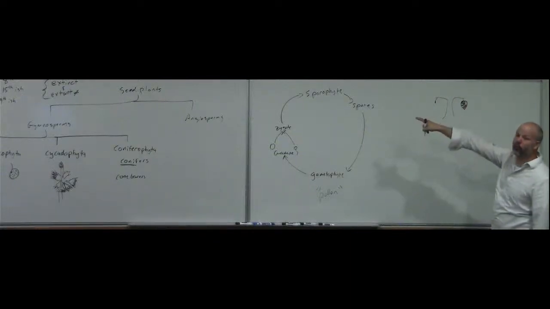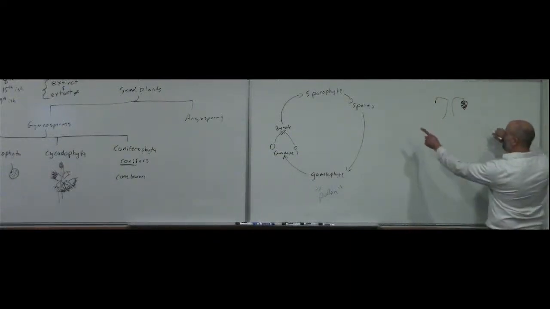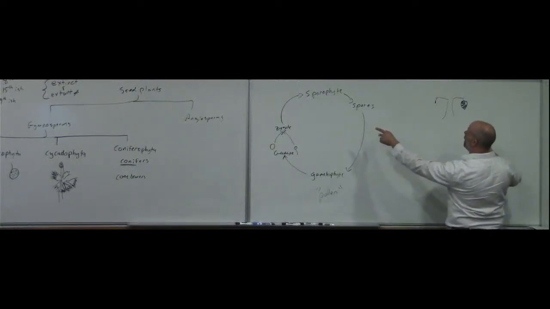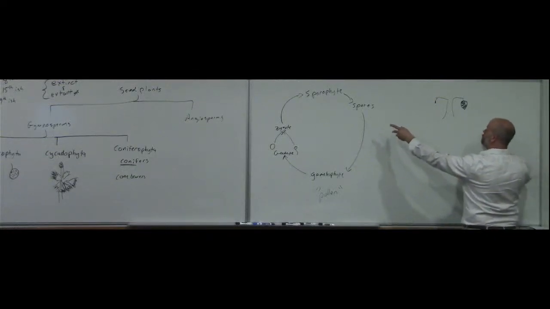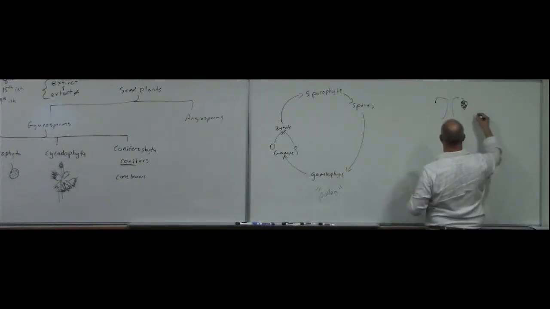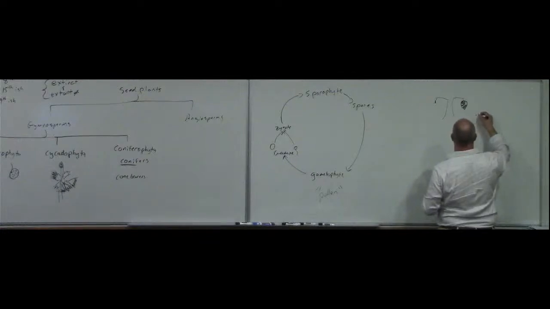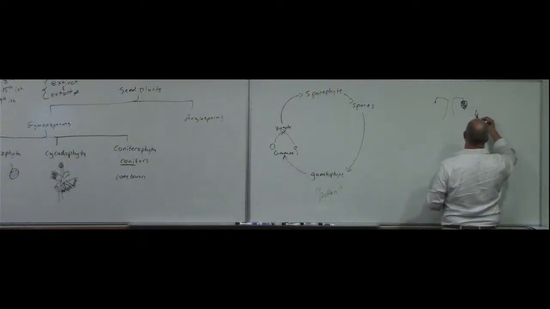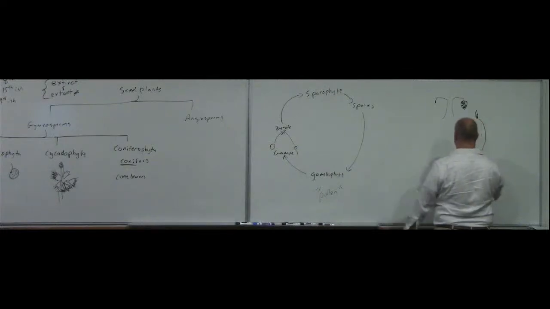Okay, so that's the sporophyte. Inside of those male cones, you make your pollen, right? You've got a male cone here, and inside of here it's got the spore thing, and it's going to make pollen, which is going to be my gametophyte.